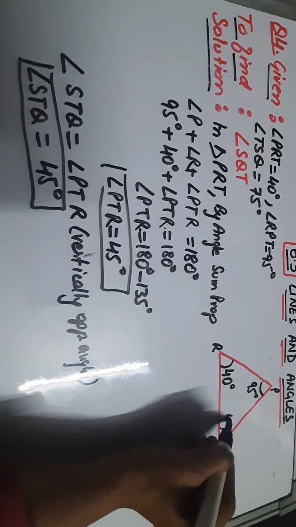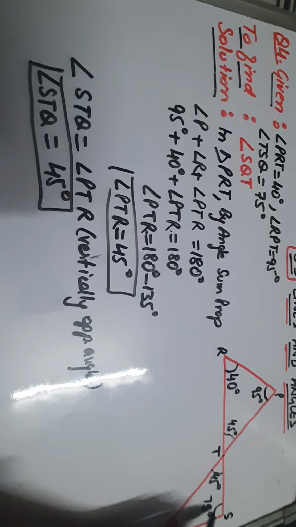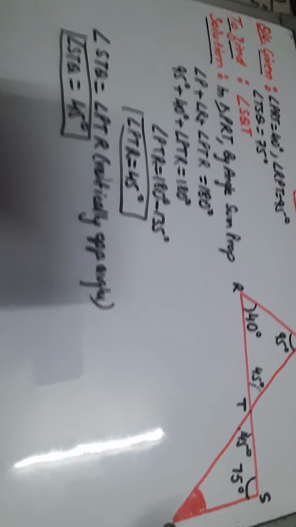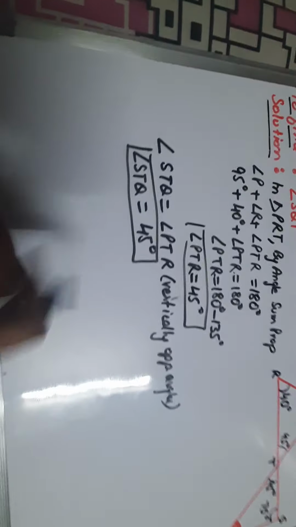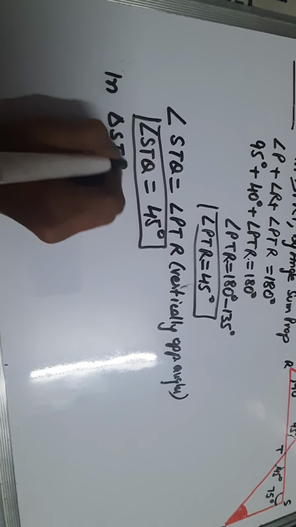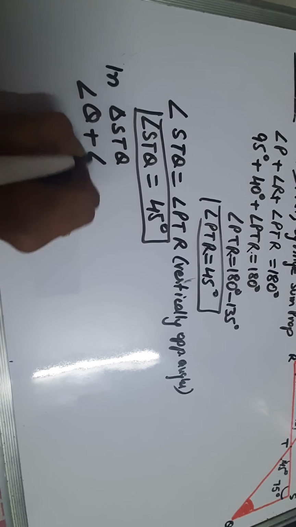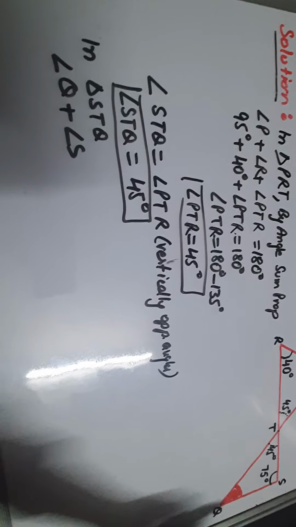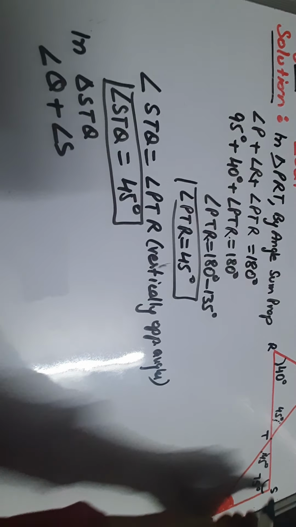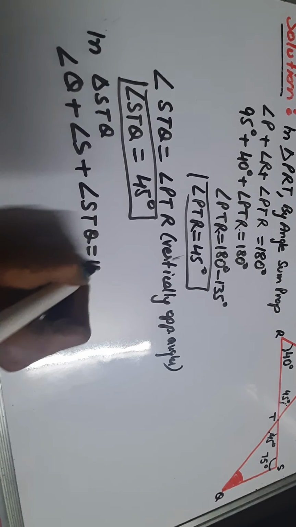Now we have obtained this angle. Now we will apply angle sum property in this triangle STQ. So let us write in the third step, in triangle STQ, angle Q plus angle S, they are single angles so we will use a single alphabet, and for T we will use the complete name, plus angle STQ is equal to 180 degrees.